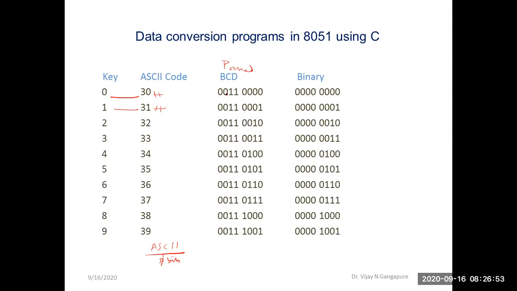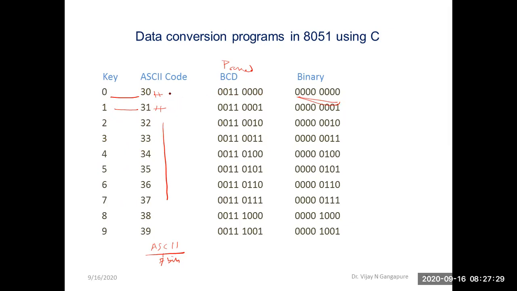So 3 is 0011 and 0 is 0000. In this way, all the keys have ASCII codes ranging from 30 to 39, and their packed BCD codes. For example, 30 has packed BCD code 0011 0000.